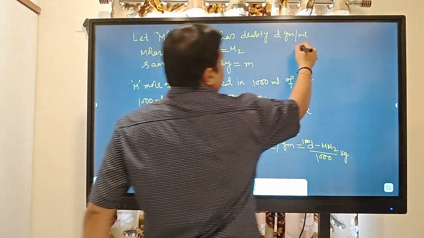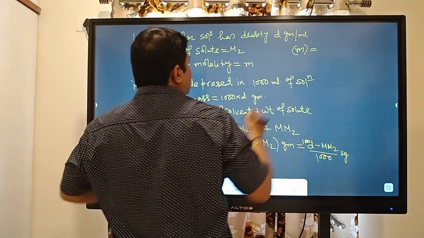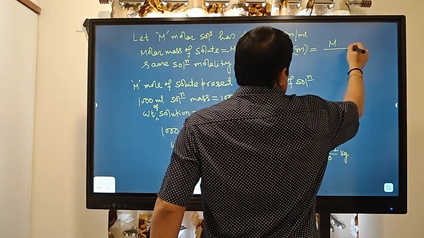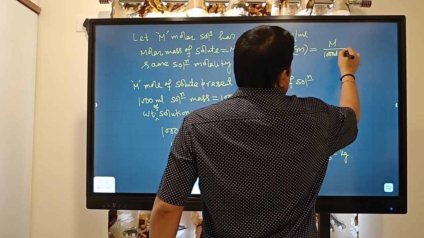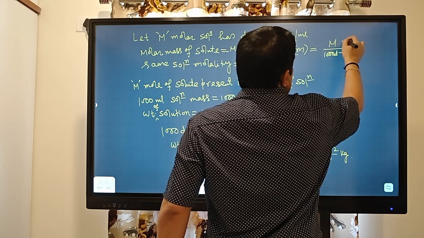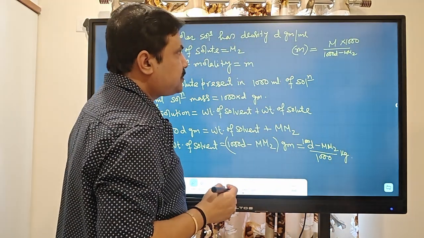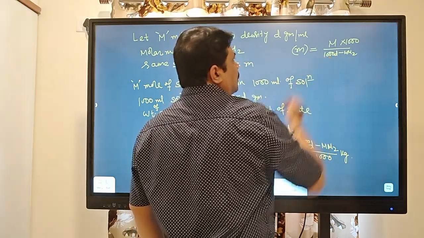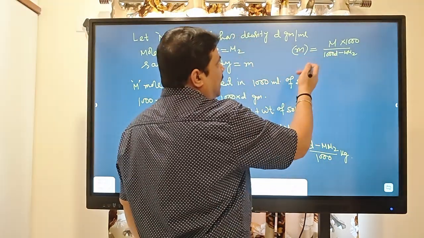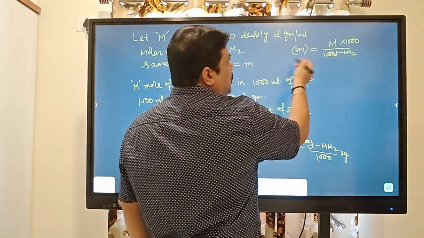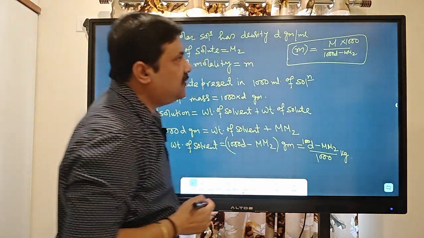Then molality will be equal to the number of moles of solute, which is m mole, divided by the weight of solvent in kg, which is nothing but (1000 d minus m M2) by 1000, and that's why 1000 is coming over here. Now we got these things; you can simplify, but no need, you can directly utilize this for calculations of molarity versus molality.